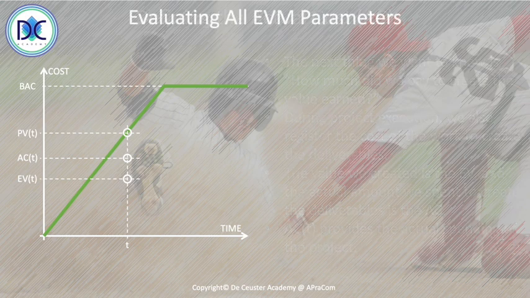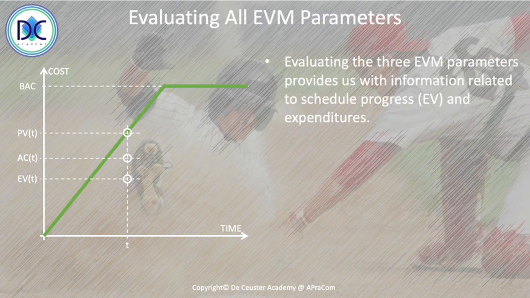We can in fact evaluate the progress of the project. The progress is given by the earned value. Like I said before, the earned value is the number of deliverables that we created multiplied by their cost, and we can compare it with the planned value. So when the earned value is less than the planned value, we are behind schedule.